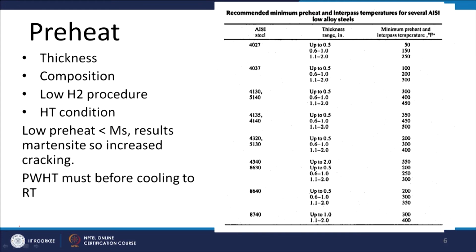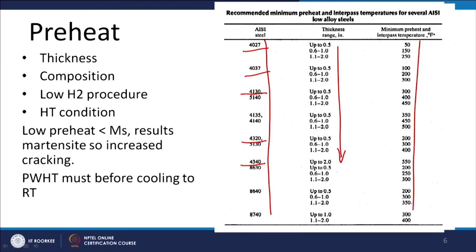So, this table shows the various grades of the steels: AISI 4027, 4037, 4130, and then 4320, 4340. There are various grades of the steels, and different thicknesses for which the minimum preheat and interpass temperatures have been given here.